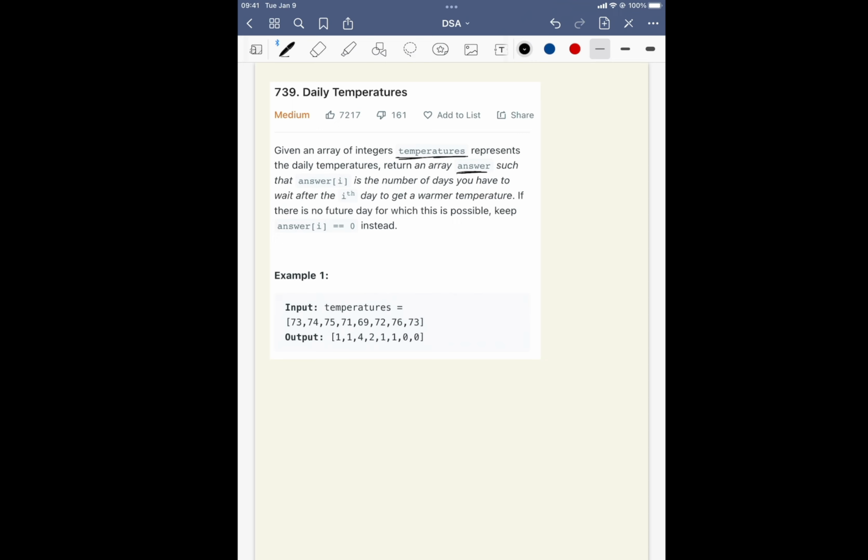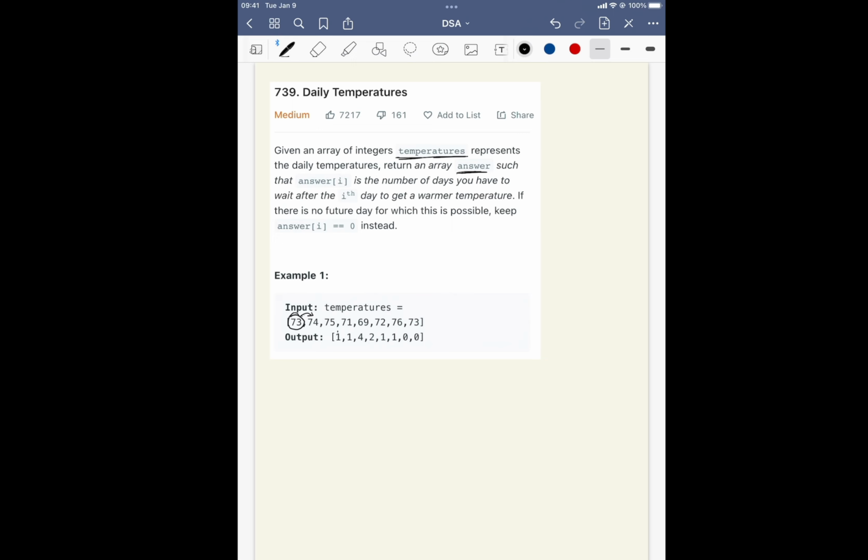So for example, we're given this input temperatures right here. So the first temperature is 73. And so you want to look through the array and see how many days it takes for you to get a higher temperature. So the next day, there's a higher temperature, which is 74.